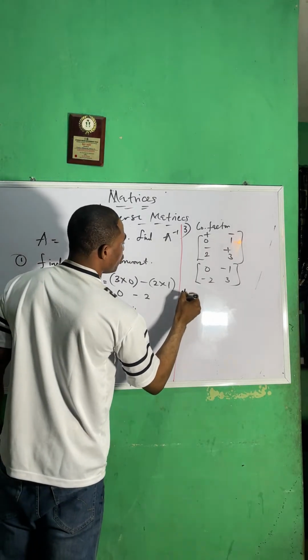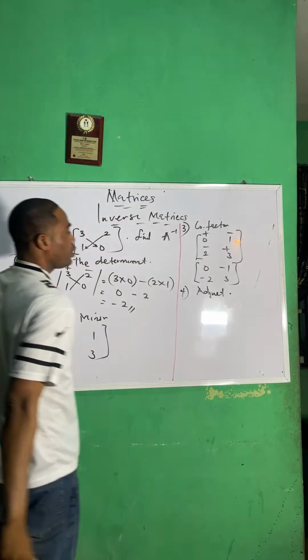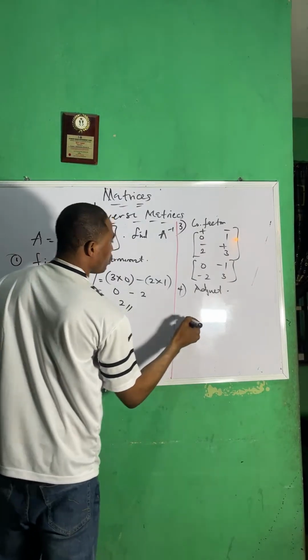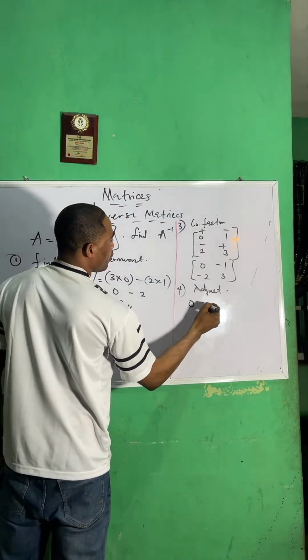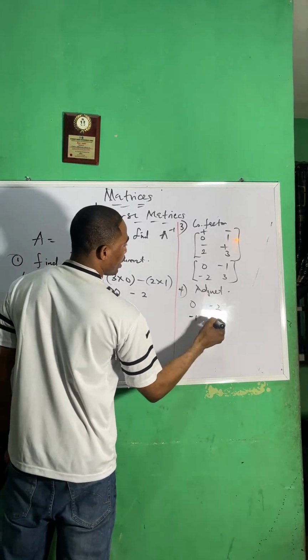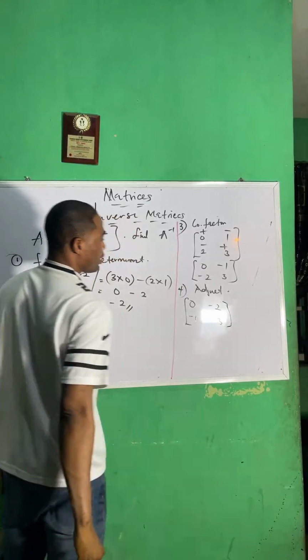Now let me get my adjoint. Rule 4: the adjoint is the transpose of the cofactor. So my adjoint will be 0, minus 2, minus 1, 3. That's my adjoint.